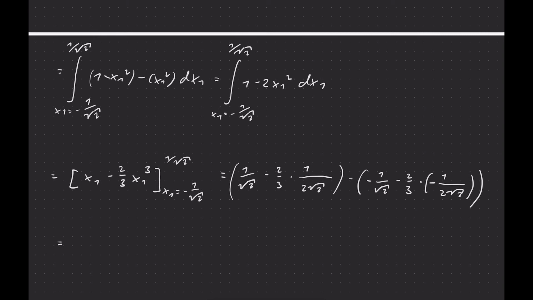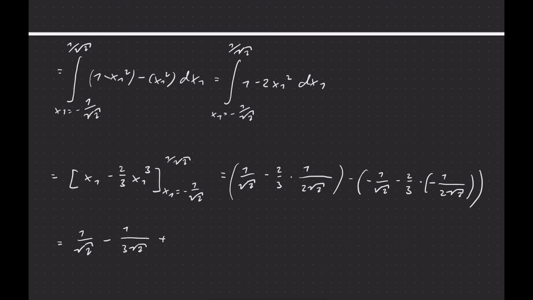Okay. So altogether, what do we get? Let's see, we have this 1 over square root of 2 minus the 2 here. This cancels out nicely. So there's minus 1 over 3 square root of 2. Then we have minus minus, that one cancels out.